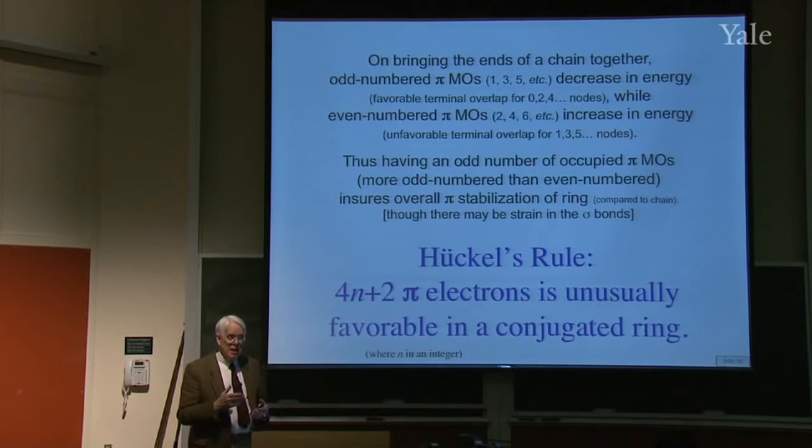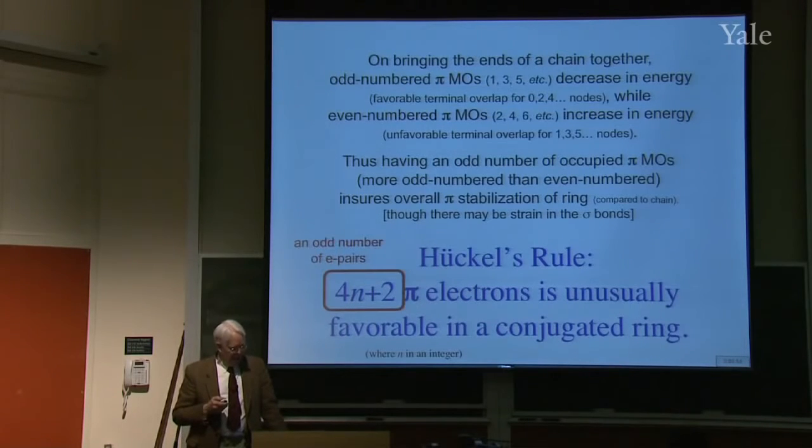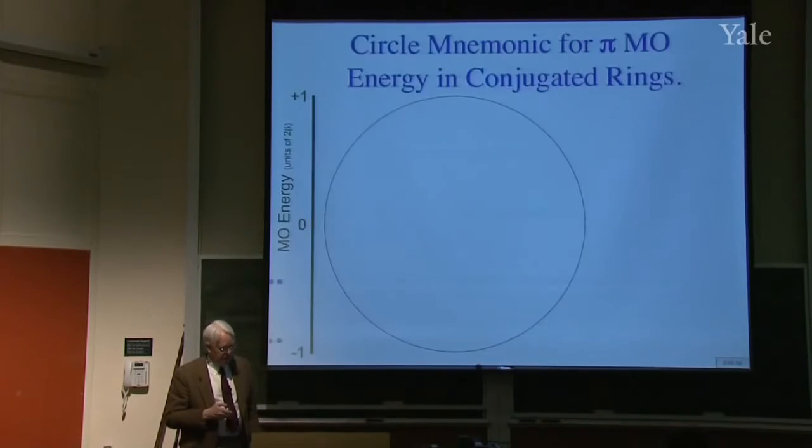Compared to what? Compared to a chain that's not touching the ends, right? Linear versus ring is going to be especially stable if you have 4n+2 pi electrons. That means an odd number of electron pairs. So more of these going down than up when you bring the ends together.